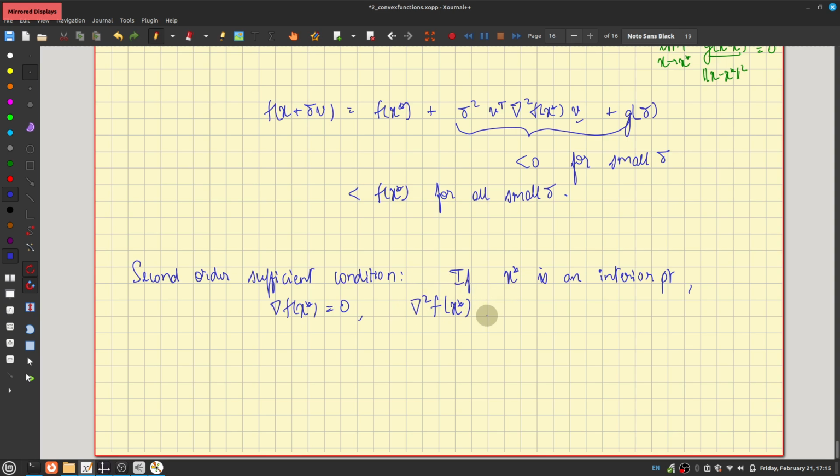That's the same as saying that the Hessian is PSD. If this happens, then x star is a local minimum.